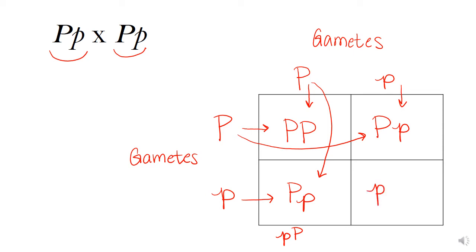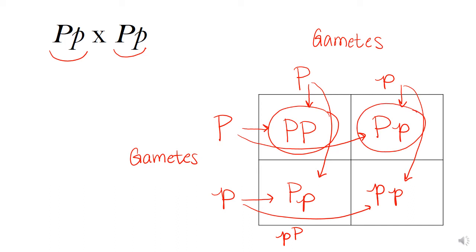And then the last square gets little p and little p. So what this tells us, if we remember that the uppercase P is dominant, now we see that we have three squares that have at least one uppercase P. So this is where we get 3 with the dominant phenotype, and only one square has 2 recessive alleles.